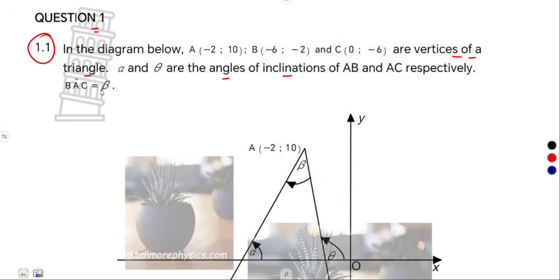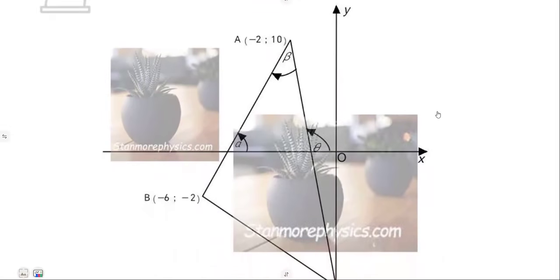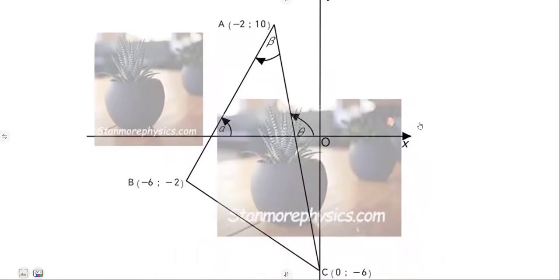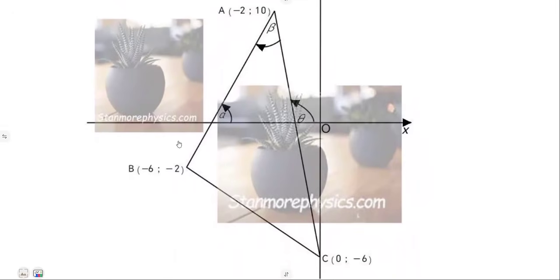Then angle BAC is equal to beta, according to what we are given on our diagram. That's our points A, B, and C, the vertices of triangle ABC, with angle theta and angle alpha being our angles of inclination, and this angle beta, which is from B to A to C. That is what we are given.